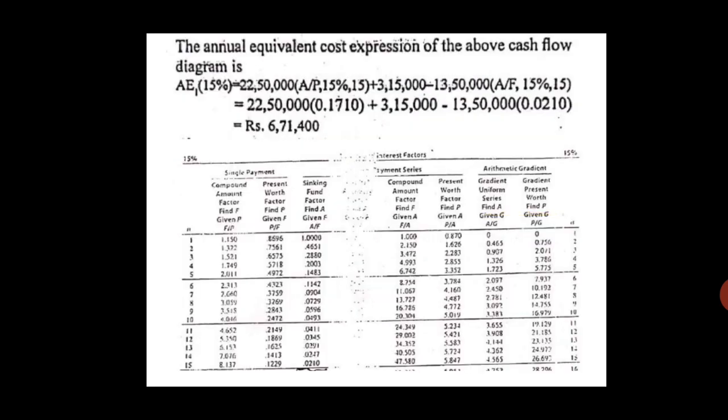Now, how do you find the annual equivalent cost expression? So 22,50,000 rupees is the initial cost, P. Okay.